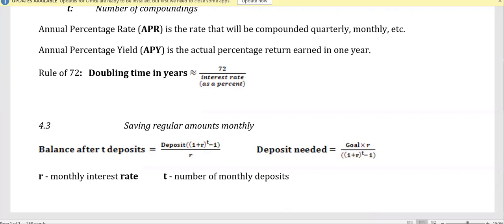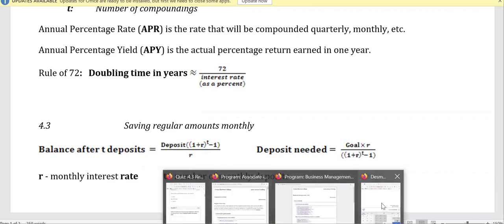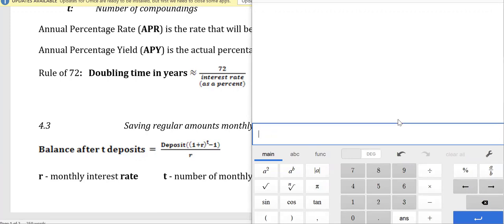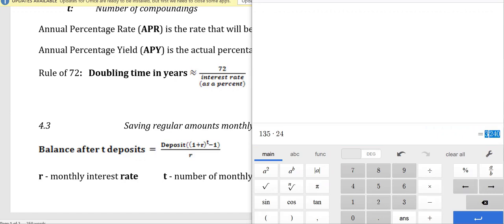But a great rule of thumb, and what we should always do, is this: it was $135 a month, right? So how about 135 times 24. That's 3,240. So you'll have put $3,240 into the account.